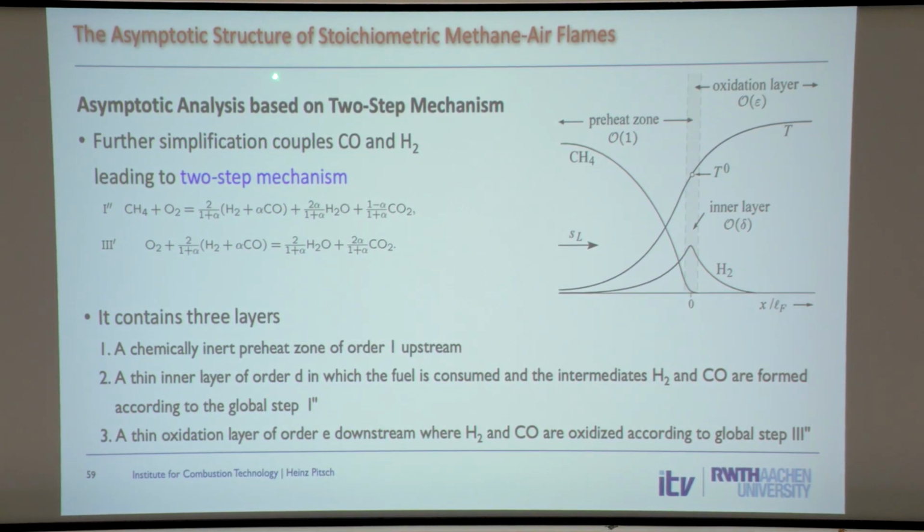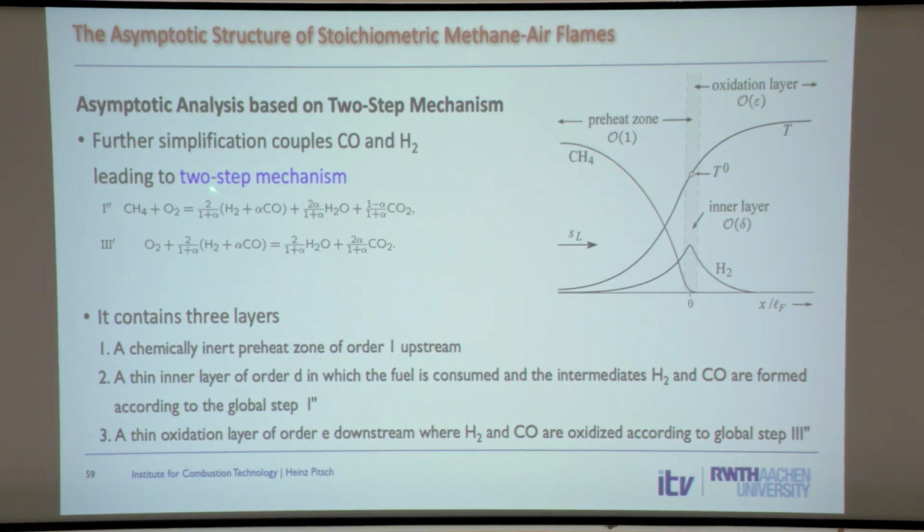And so here the analysis starts out by first reducing this even further to a 2-step mechanism, where H2 and CO are both stable intermediates that are put together. There's a factor alpha here which gives the ratio of the 2, but you see these now always appear together. That's a further assumption being made.